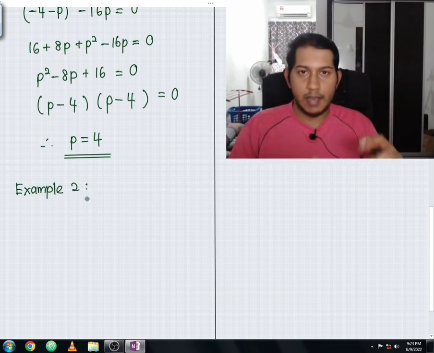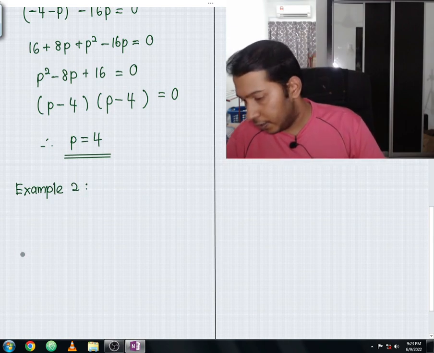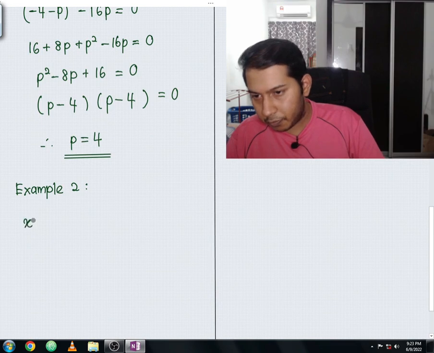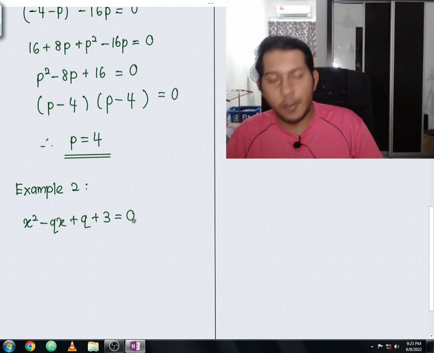Same step, step number 1, write down the quadratic equation: x square minus qx plus q plus 3 equals 0.